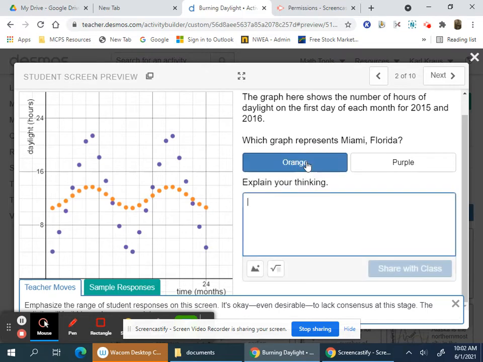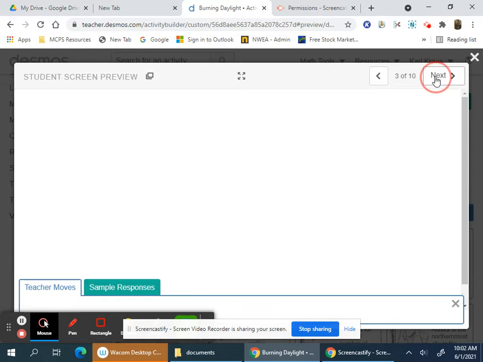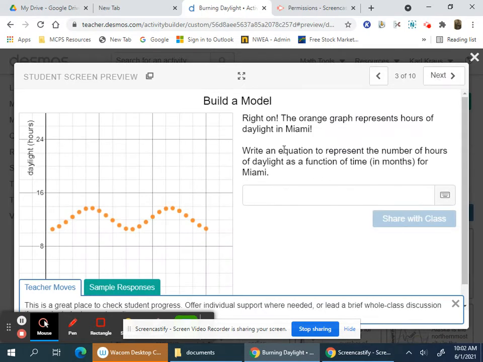I would say the orange one, with less extremes. The orange graph represents the hours of daylight in Miami, so I was right.